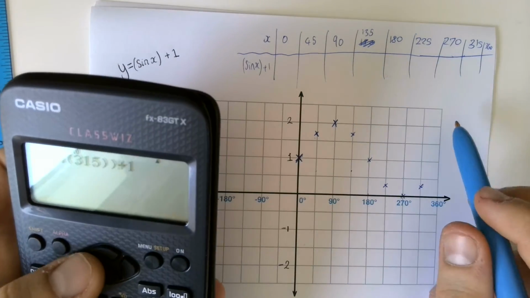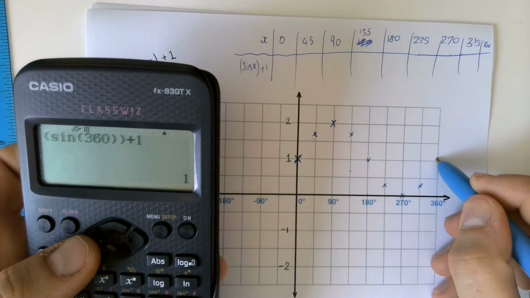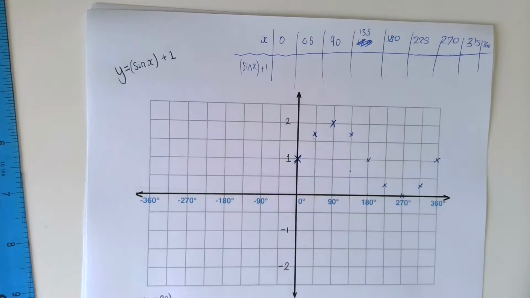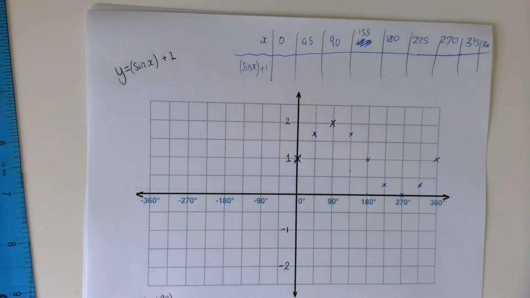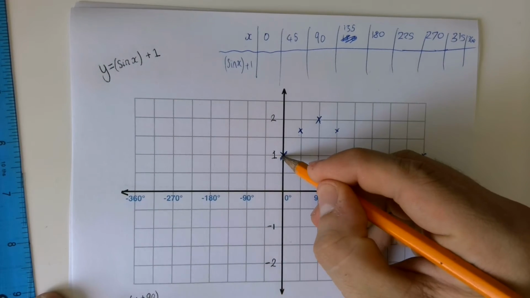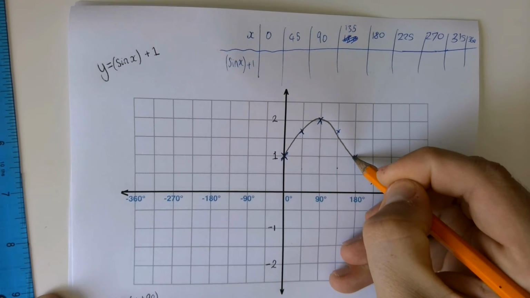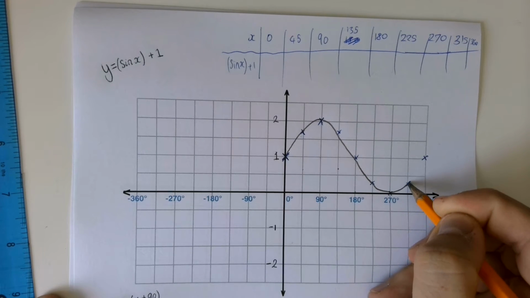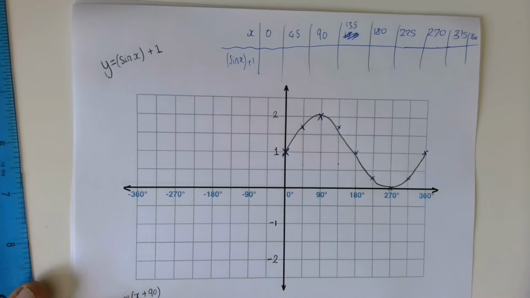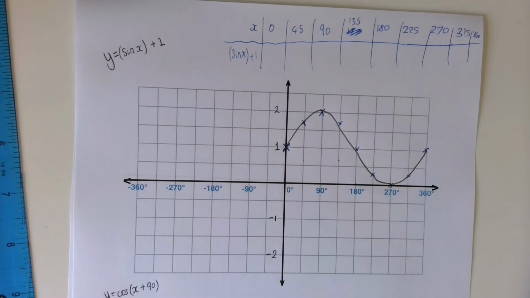And then sine 360 plus 1 is going to give me 1. So I've only drawn it in that half of the grid of the axes. I'm just going to join that with a smooth curve. Okay, so that is my graph of y equals sine x plus 1.